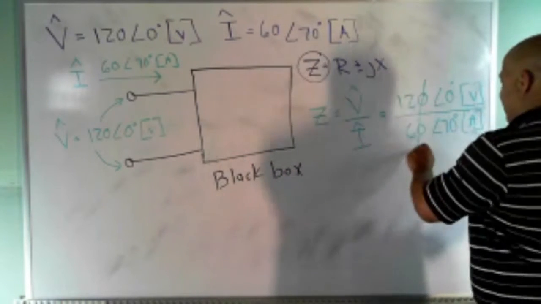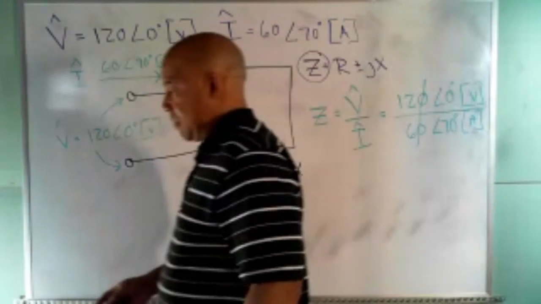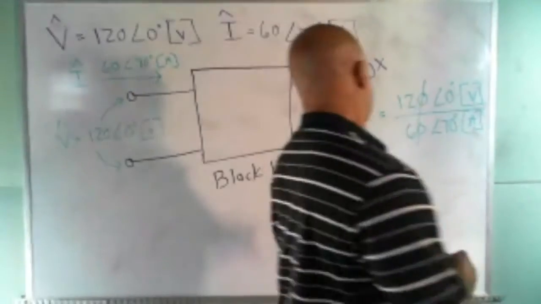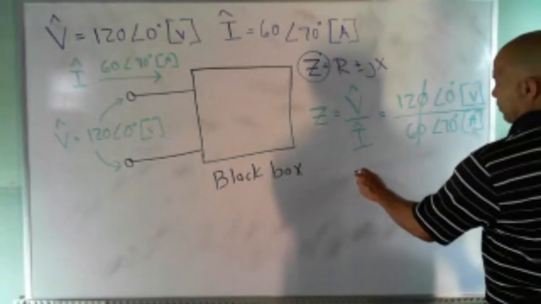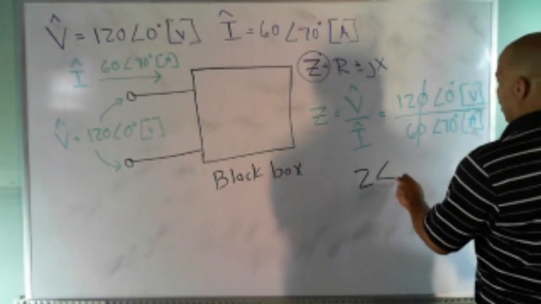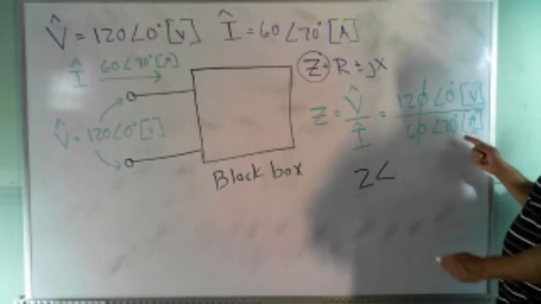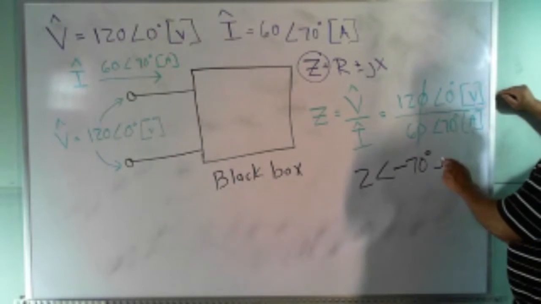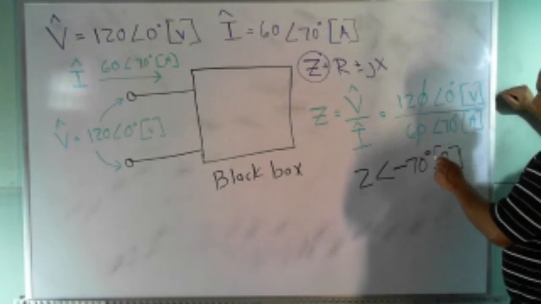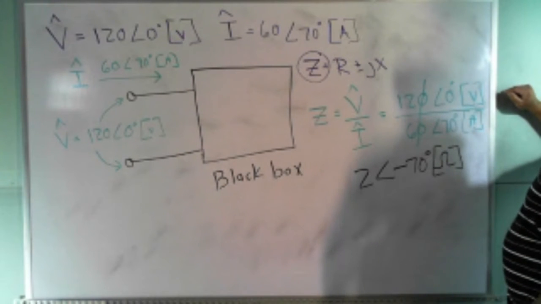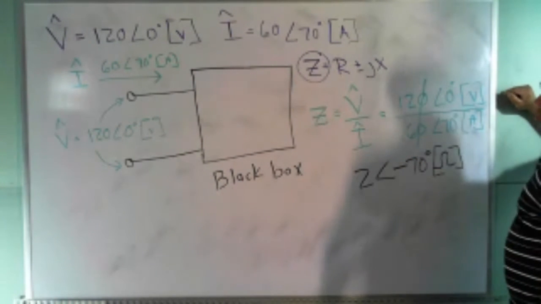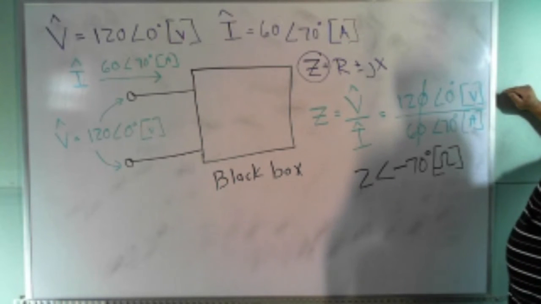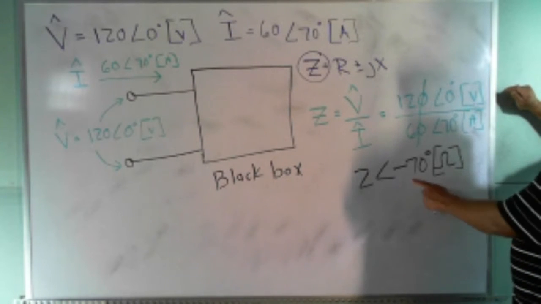If I divide that, I get 2 and an angle of 0 minus 70 is minus 70 degrees. And since this is Z, this is now in ohms. So I just use Ohm's law on the terminal information they gave me for V and I end up with the, not the current, but the impedance.